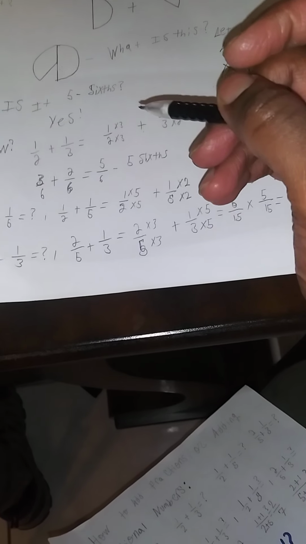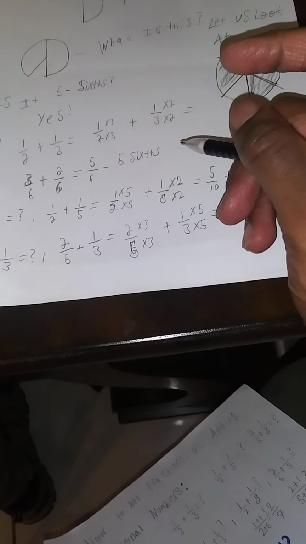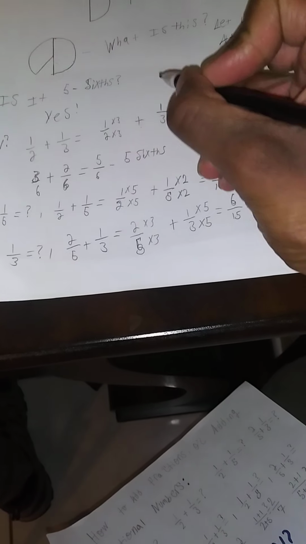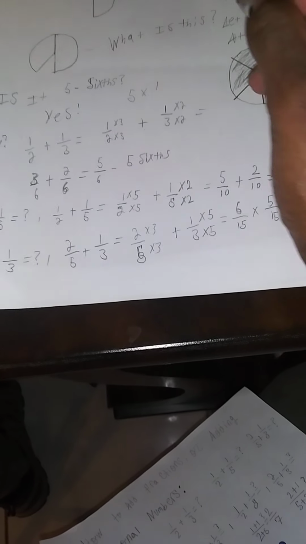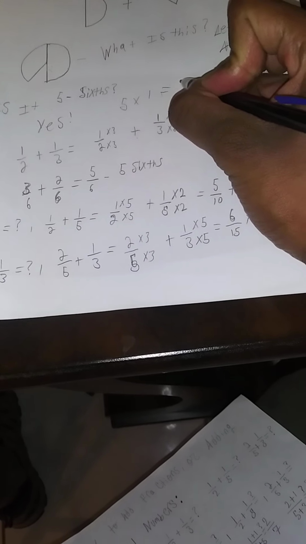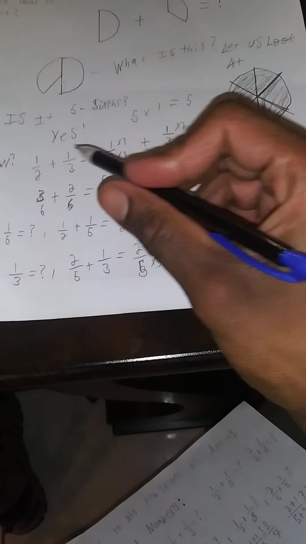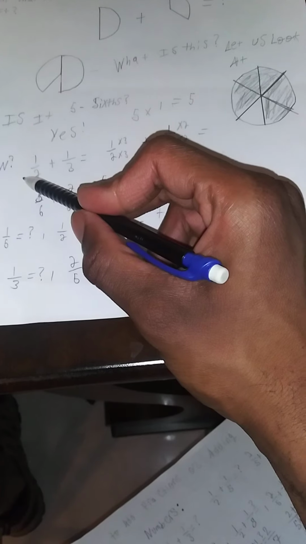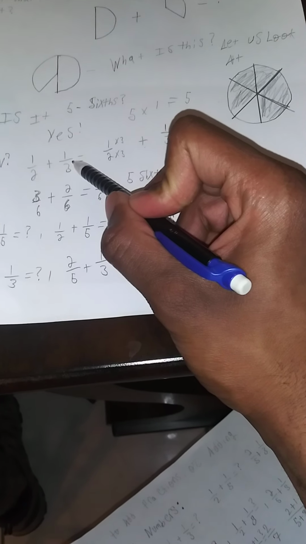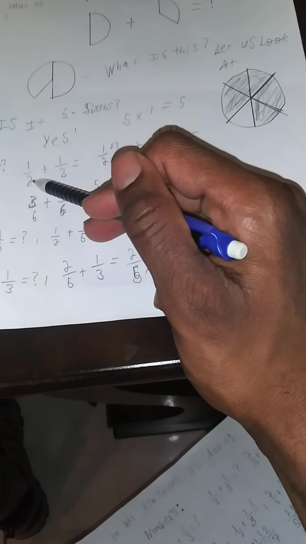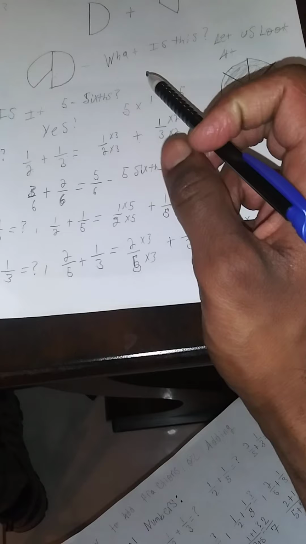Remember that you can multiply anything by 1 and you would still get the same answer. Like any number, 5 times 1 equals 5. It's the same for fractions. If you multiply this fraction by 1 and this fraction by 1, you would still have 1/2 plus 1/3. Your answer would still be the same.